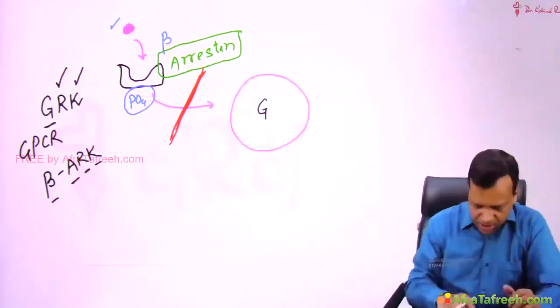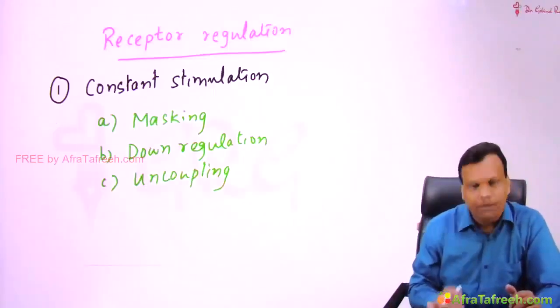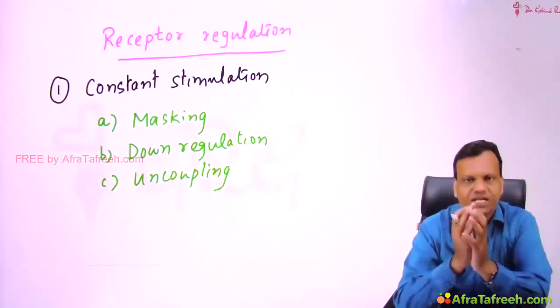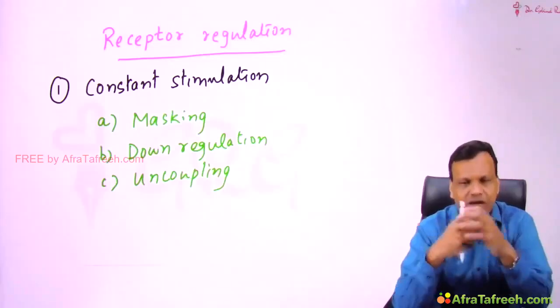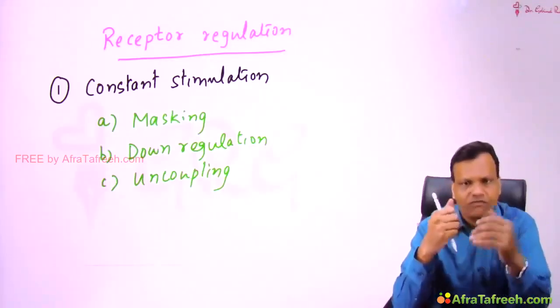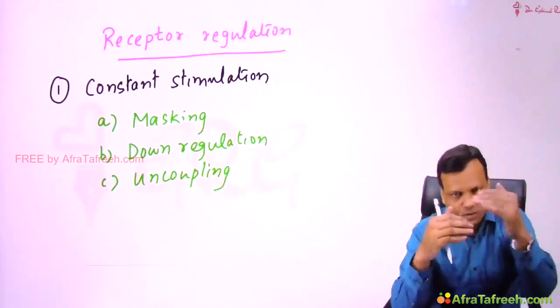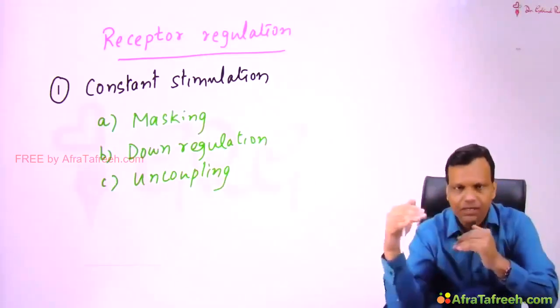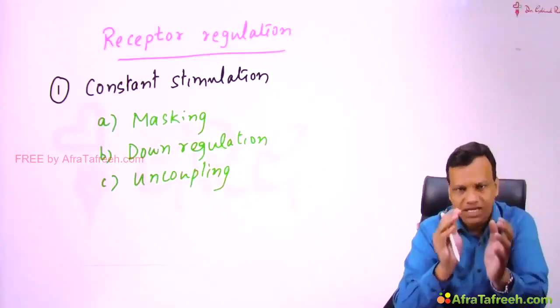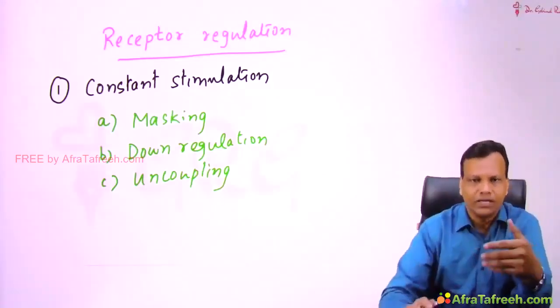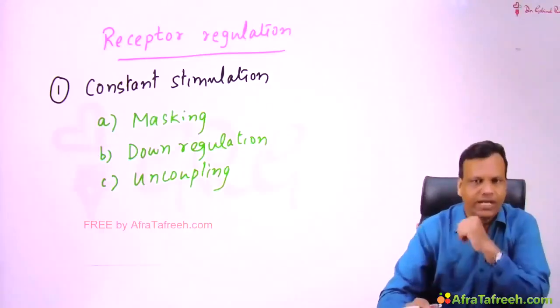Okay? So this is the third mechanism, that means uncoupling. So by three methods we can decrease the activity of the receptor when it is constantly stimulated. One, masking of receptor, means the receptor goes down, not available on the membrane. Second, down regulation, means number decreases. And third, uncoupling of the signal transduction mechanism.